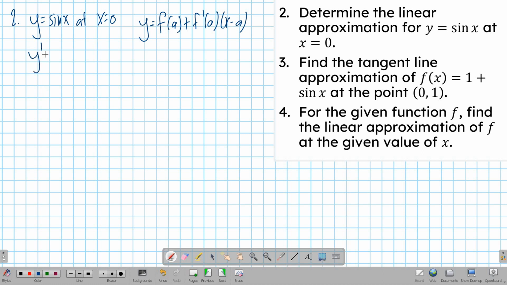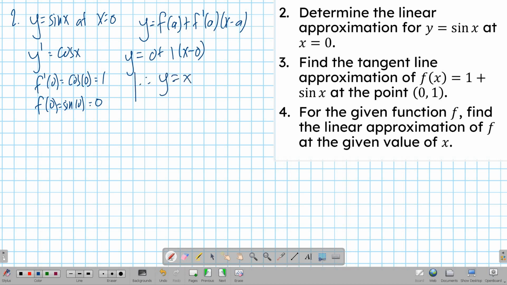First, y prime is equal to cosine x. So f prime of 0 is cosine 0, which is 1. f of 0 is equal to sine 0, which is 0. So we now have y is equal to 0 plus 1 times x minus 0, which becomes y is equal to x.